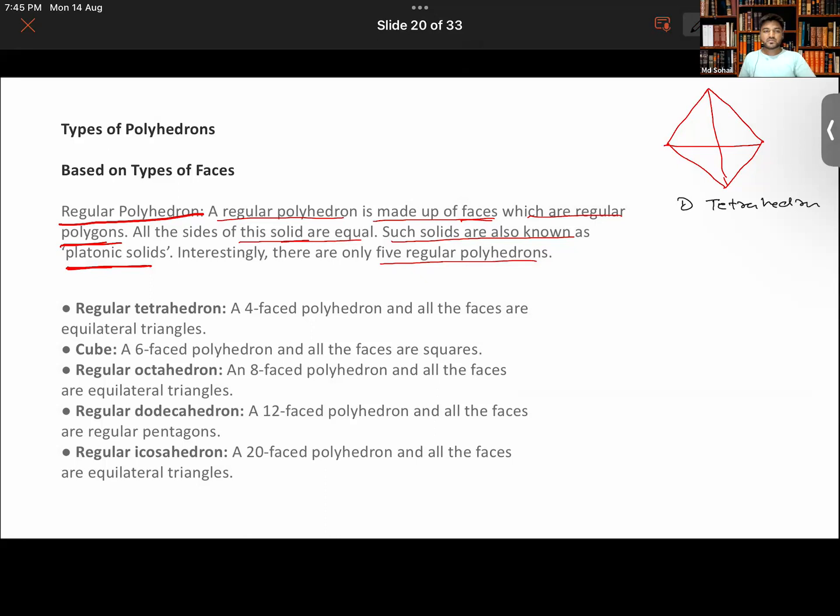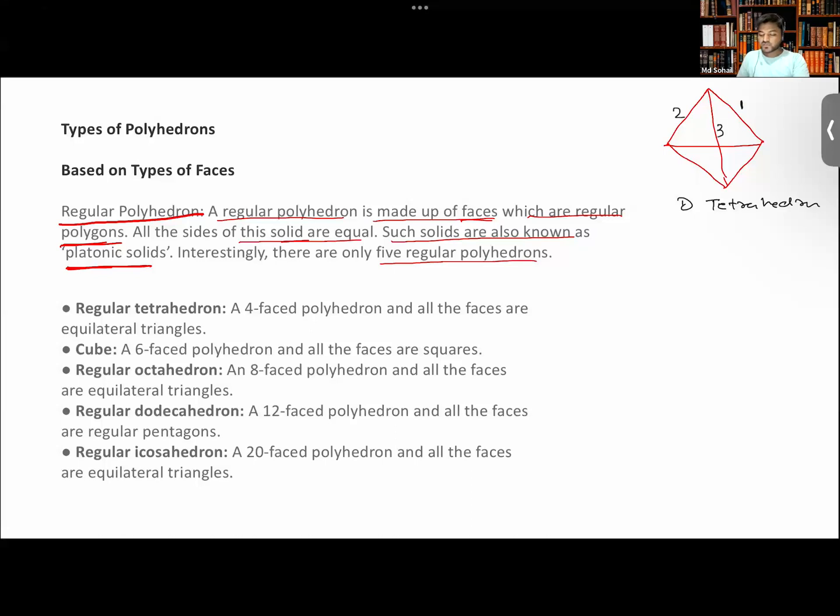Right. So here is one example of a polyhedron that we call a tetrahedron. Getting it? So let's count the number of sides in it. How many sides are in it? Basically edges we are talking about. 1, 2, this front 3, 4, 5, and this one 6.